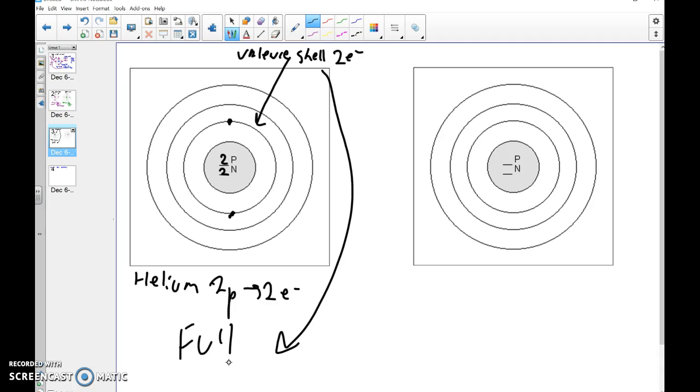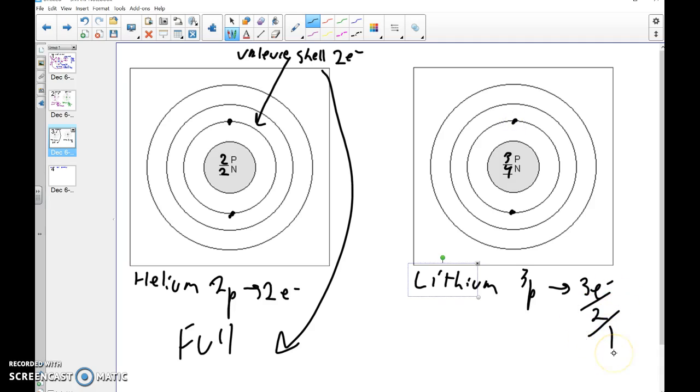Let's do another example. Let's just go with lithium. Okay, so lithium has 3 protons and 4 neutrons. So if it has 3 protons, that means it has 3 electrons. So I go ahead, I put 1, I put 2.